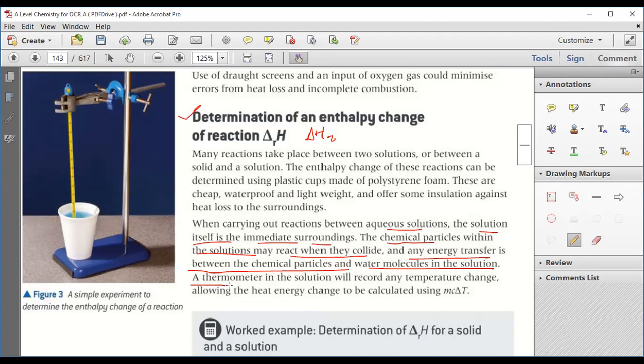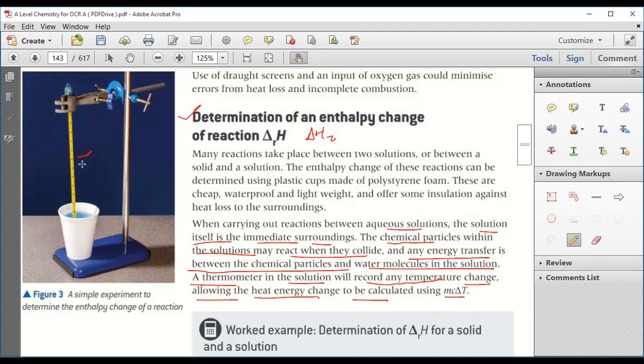The thermometer in the solution will record any temperature change, allowing the heat energy change to be calculated using mc delta T. The formula is Q equals mc delta T: the mass, the specific heat of water, and the change in temperature. Clear?